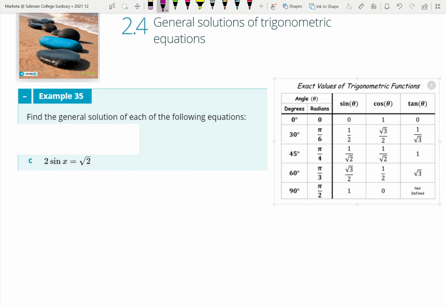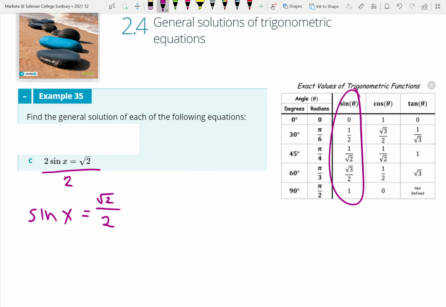So it's sine, I'm going to rearrange this, divide by 2. So I'm going to get sine x equals root 2 on 2. And look, this is where you might be confused because we do not have root 2 on 2 in this table of exact values, anywhere, let alone in the sine column.